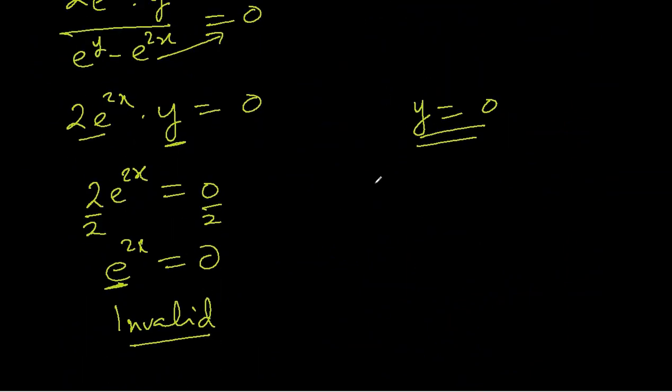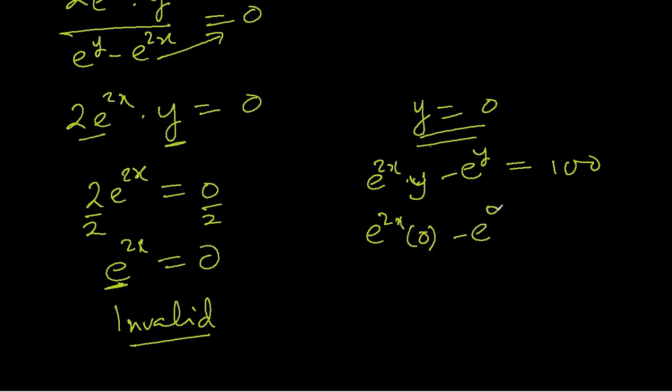e to the power 2x times y minus e to the power y equal to 100. So let's see if y equal to 0 is valid or not. So y equal to 0 we'll put here, this y will put 0, e to the power 2x times 0 minus e to the power 0 equal to 100.